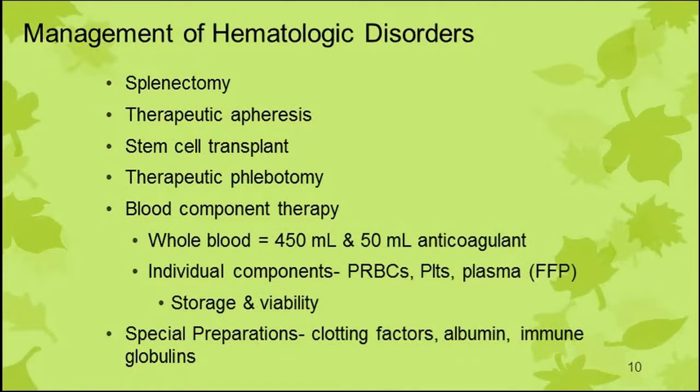Or we can give individual components: red cells, white cells, platelets, plasma. That blood volume is usually 250 to 300 mils. We don't give whole blood very much anymore at all. Typically now what we give are individual components. If we give blood, it's usually just packed red blood cells.